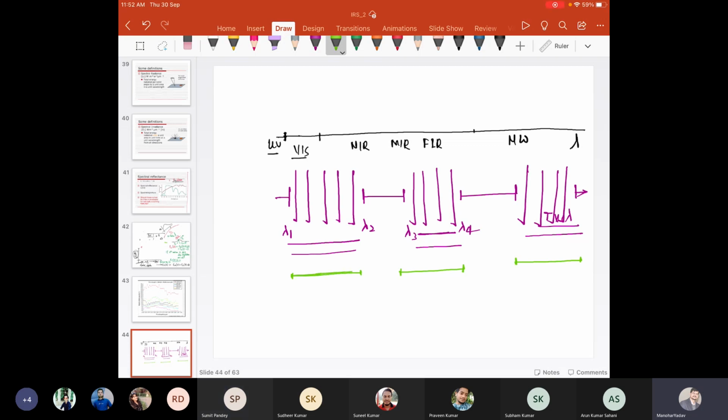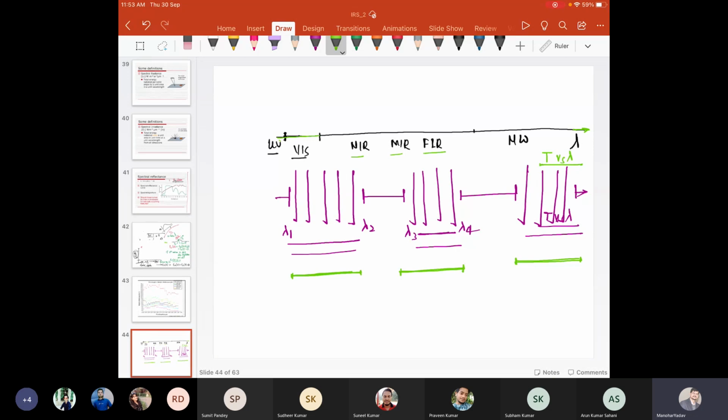So this range, lambda 1 to lambda 2, lambda 3 to lambda 4, and this, there is the availability of atmospheric windows in the atmosphere. What I expect you to remember is the names of the various bands and their wavelength ranges: VIS, NIR, MIR, FIR, microwave, etc. Then you need to remember the atmospheric transmission versus wavelength plot.